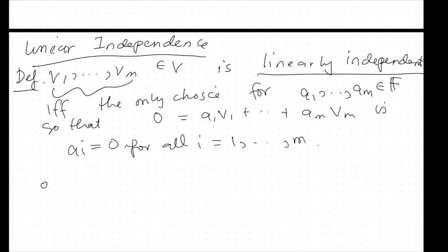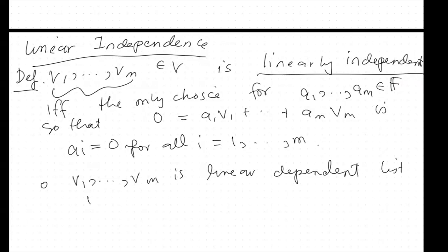So the list v1 to vm is linearly dependent if it is not linearly independent.